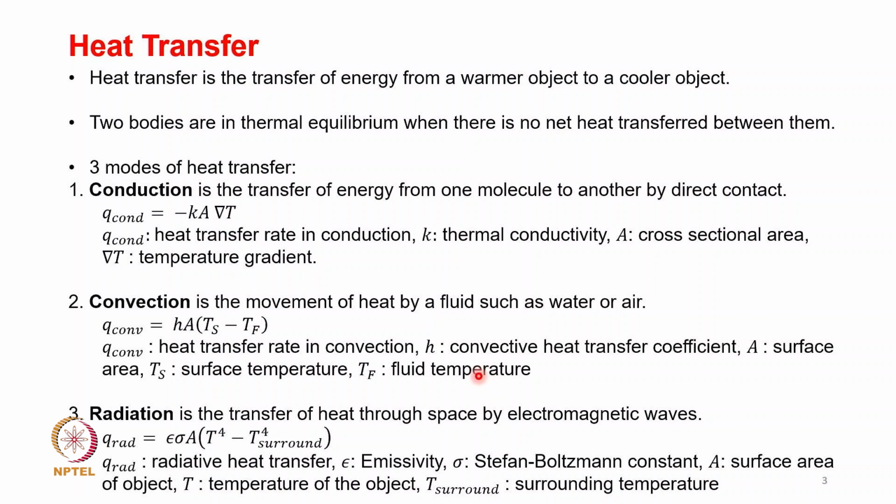Heat transfer is typically effected by fluid movement, so you need to take into consideration both the surface temperature where the heat transfer occurs and the fluid temperature that takes away the heat. So the heat transfer coefficient H and the area play a key role.